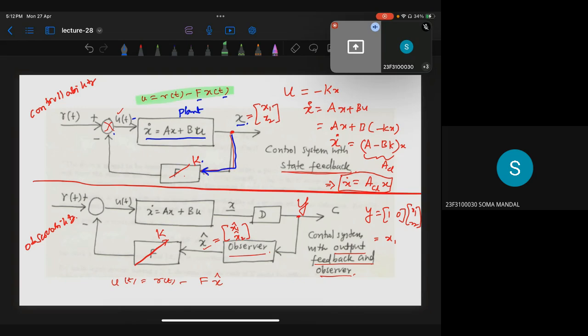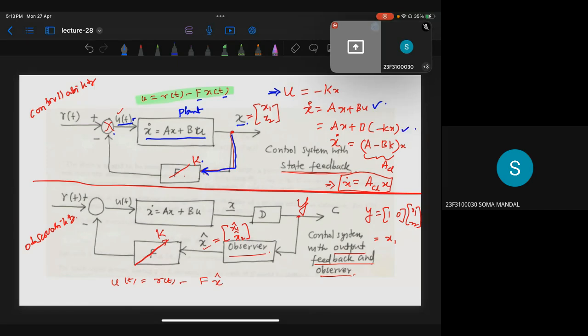Now let's say if you take u is equal to minus Kx, and once you know u, you can substitute it into this: Ax plus B multiplied by minus Kx.